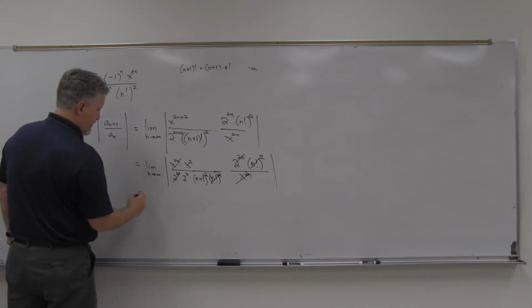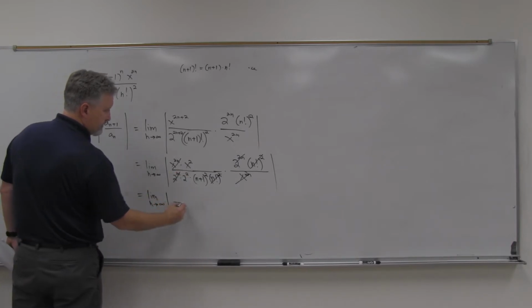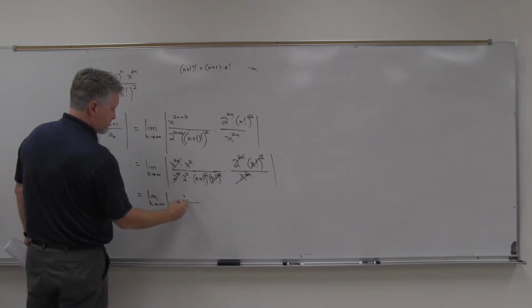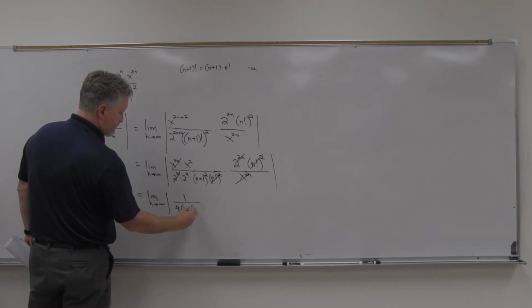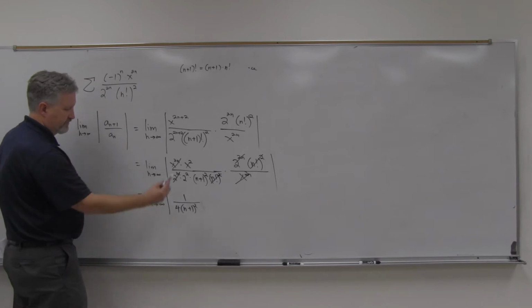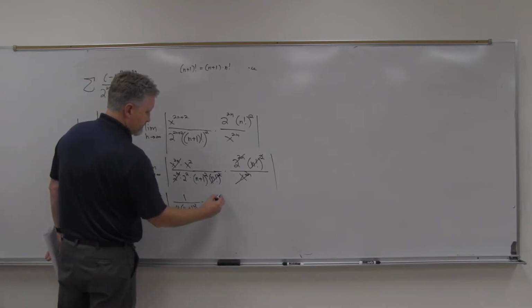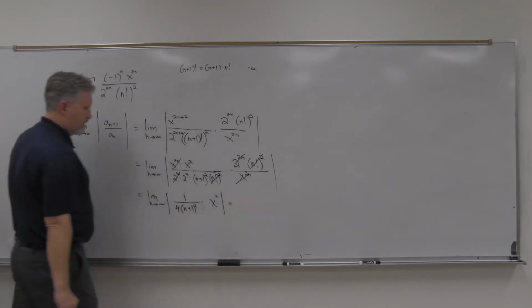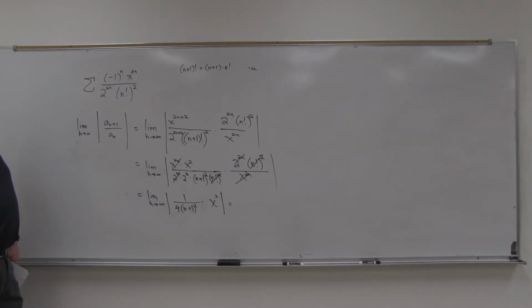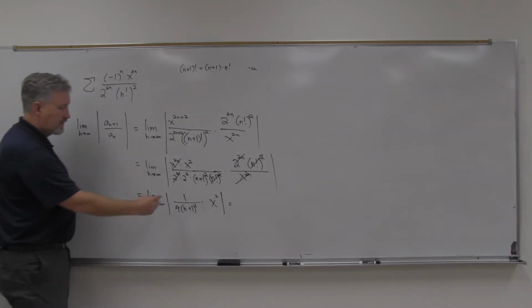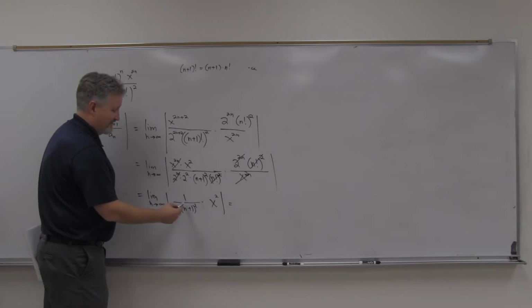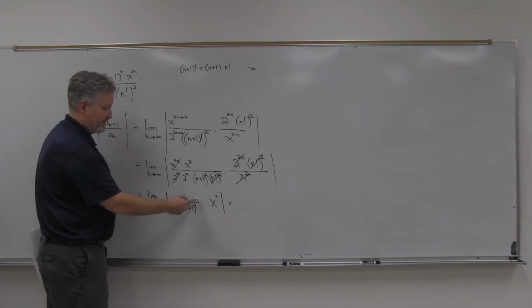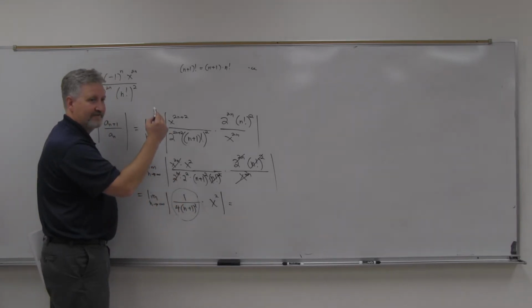And so now let's split out the n's and the x's separately here. What have we got here? Nothing on top as far as the n's go. And then on the bottom we've got 4 times n plus 1 squared. Long story short here, as n goes to infinity, this goes to 0, doesn't it?